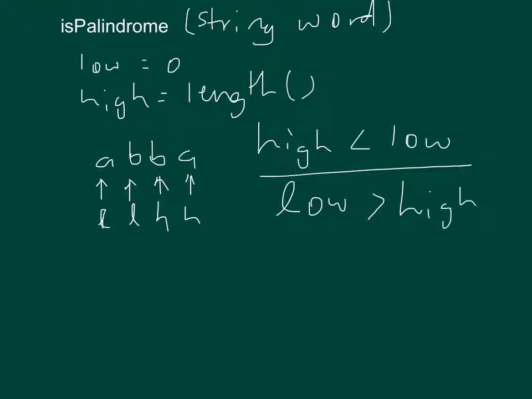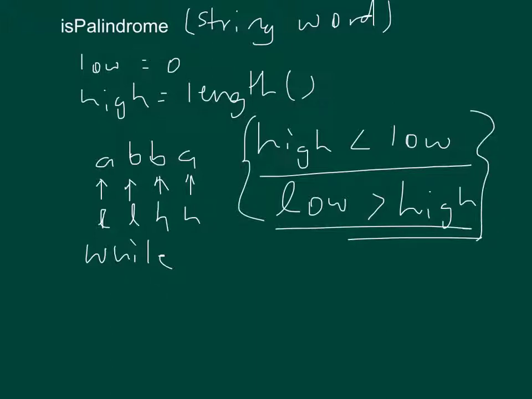situation. So I'm suggesting that you consider using the while loop perhaps, and think about the condition for breaking the while loop. And I'm suspecting that the condition lies somewhere around here. So whenever high becomes less than low, or low becomes greater than high, then that's a good time to come out of the loop.